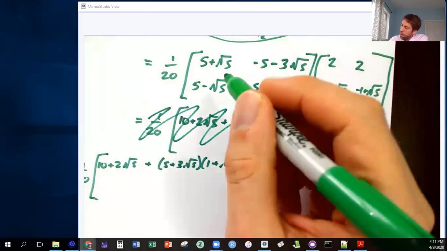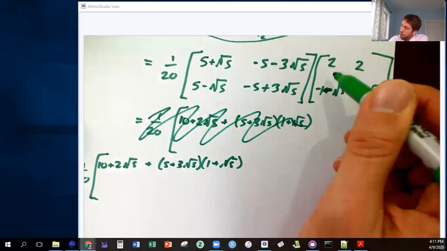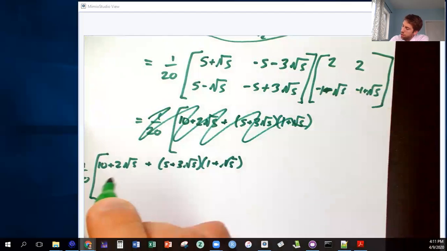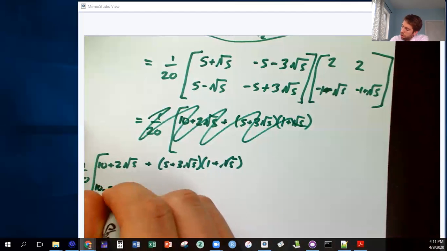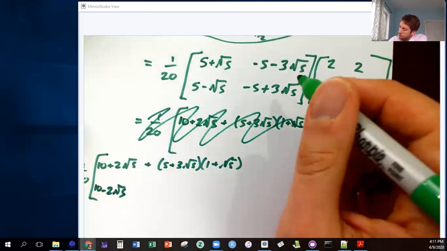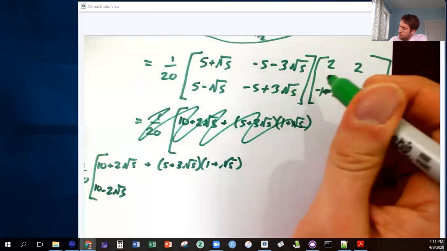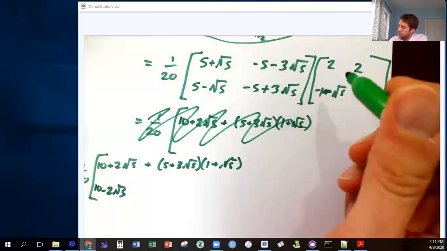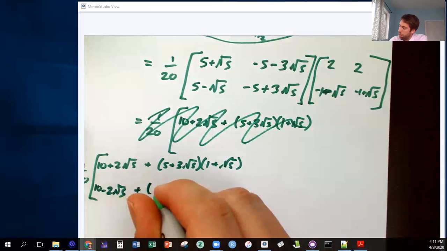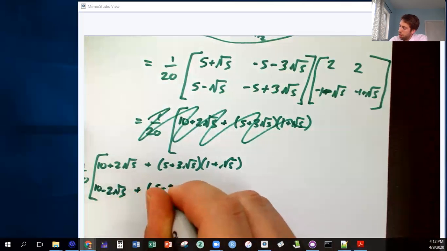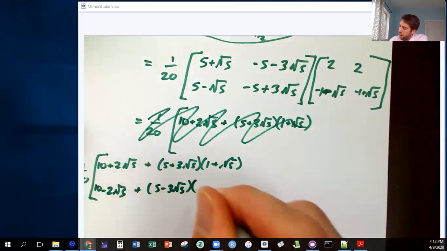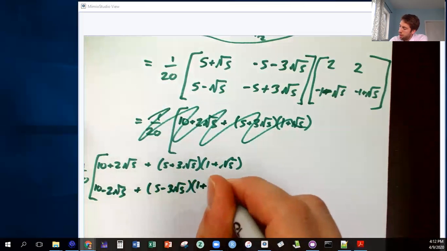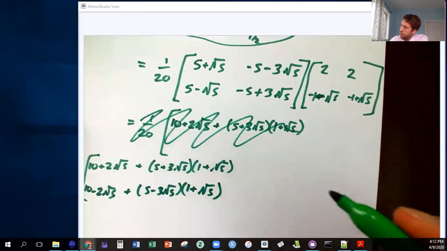All right, so then I've got that times that. So 10 minus 2 square root of 5 times this. So if I factor out the negative 1 from here and the negative 1 from here, I get 5 minus 3 square root of 5 times 1 plus square root of 5.